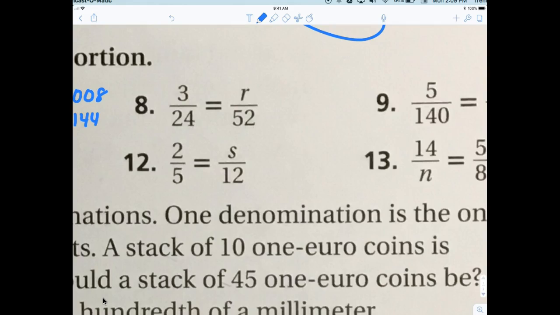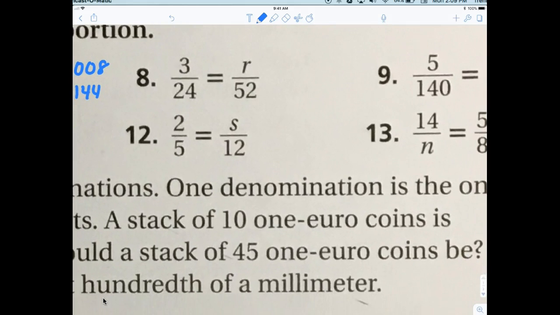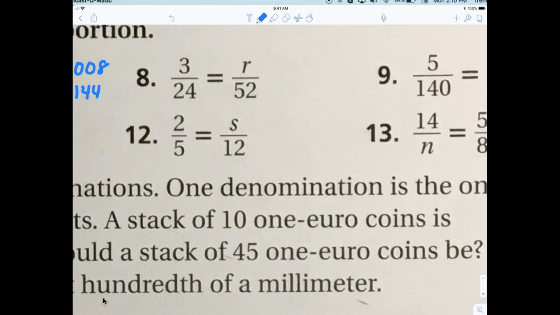Layton, what would be the equation I want you to write down for number 8? So would you do 52 times 3 divided by 24? But first you have to write an equation, though. So would it be 24r equals? Good, 24r.